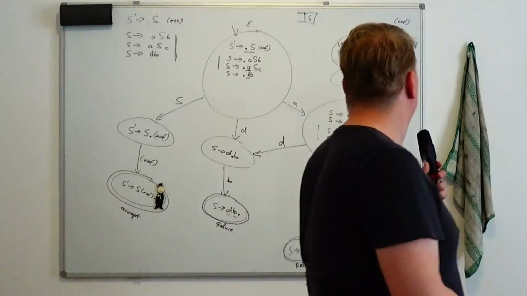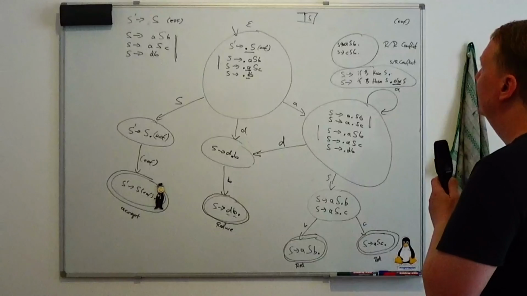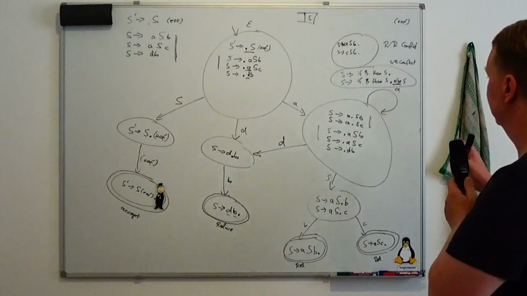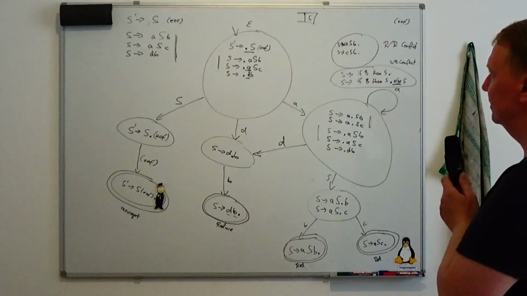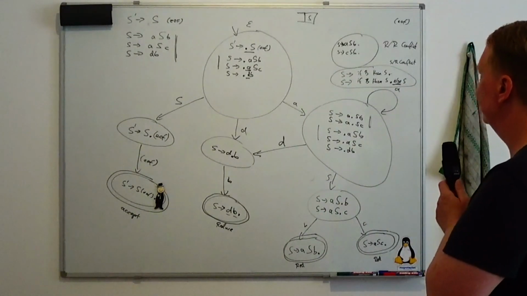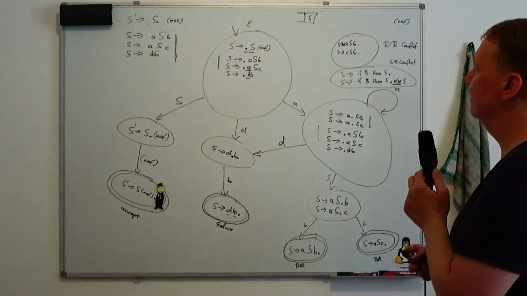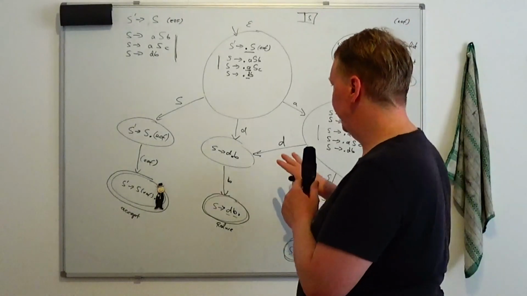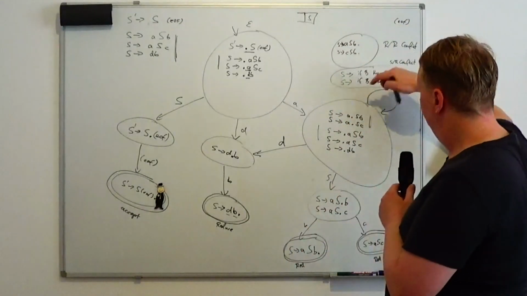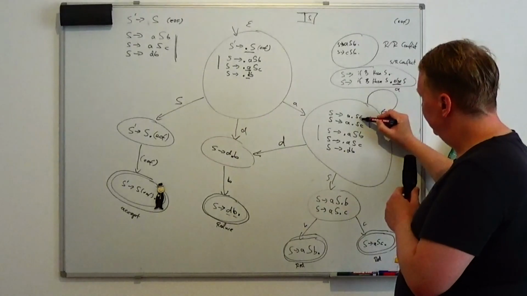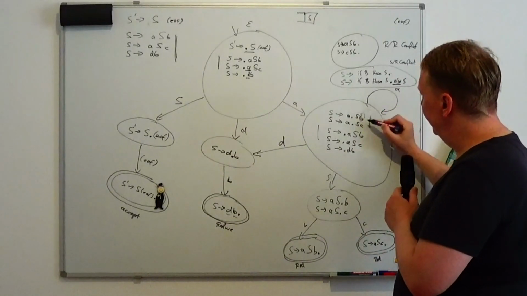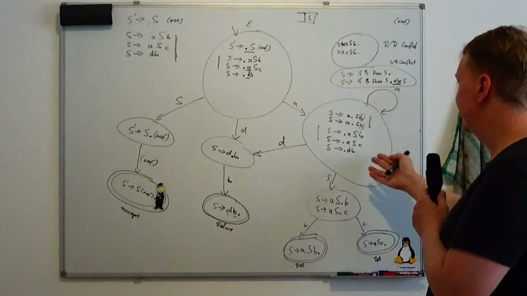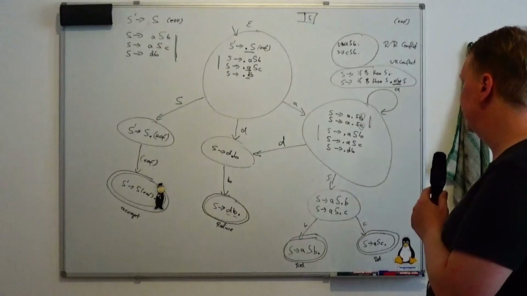And you could use the follow sets for this. If you remember in the video about LL grammars, we've talked about the follow set, where we would have something like, if we have A as B, for example, it means that there can be a B after an S, there can be a C after an S, but there cannot be an A after an S, for example.